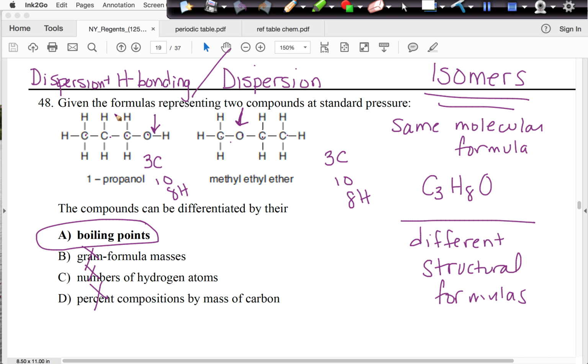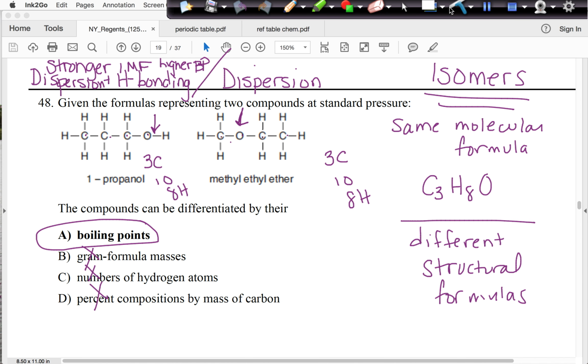And since hydrogen bonding is stronger than the dispersion forces, this will have stronger intermolecular forces overall, and stronger intermolecular forces will give you a higher boiling point.